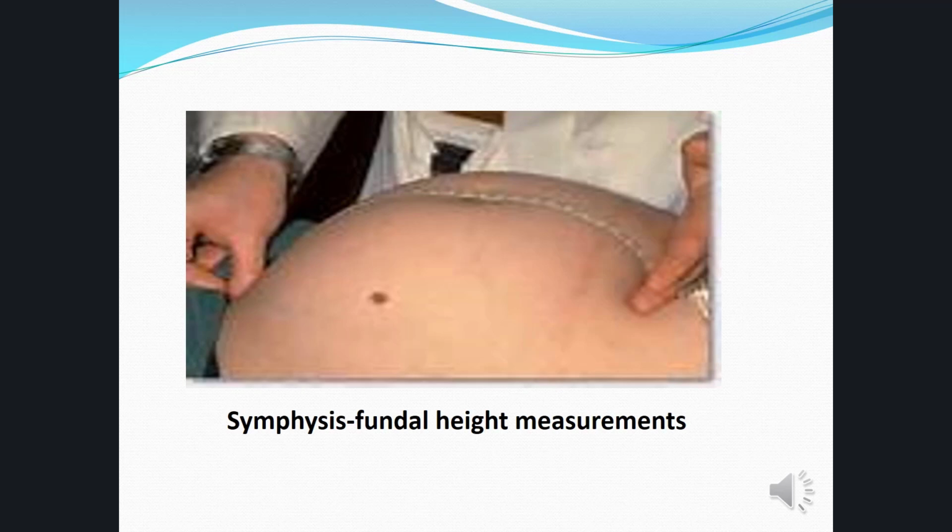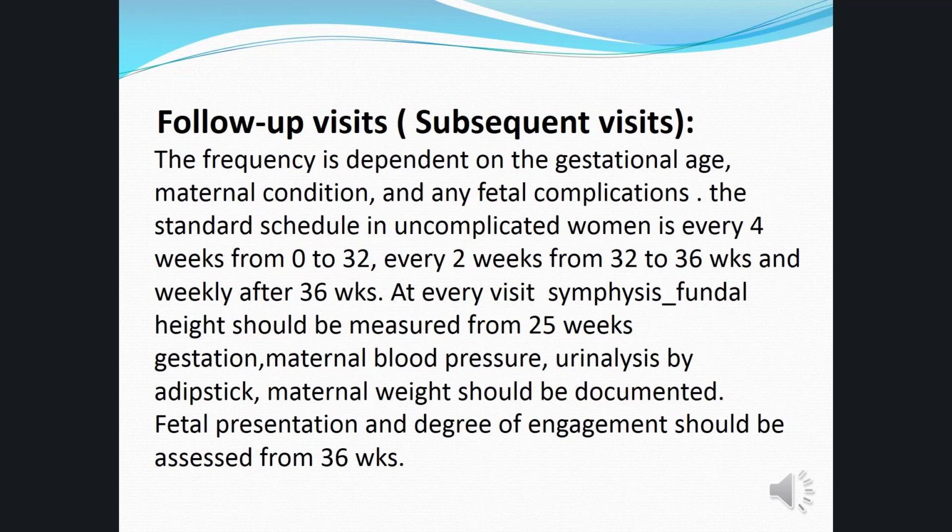Follow-up or subsequent visits. The frequency is dependent on the gestational age, maternal condition, and any fetal complication. The standard schedule in uncomplicated women is every 4 weeks from 0 to 32 weeks, then every 2 weeks from 32 to 36 weeks, and then weekly after 36 weeks.